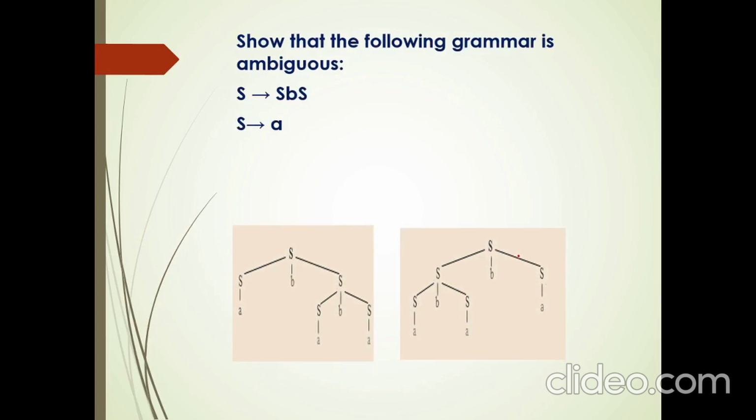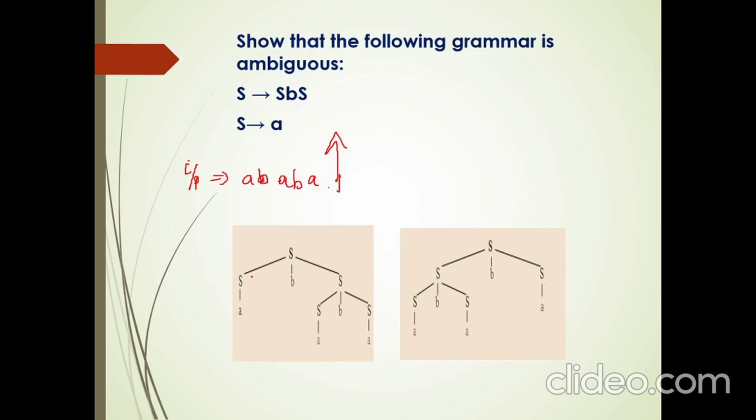I have used the input ABABA to prove the above grammar is ambiguous, and it has given me two parse trees, which I have obtained from the LMD.